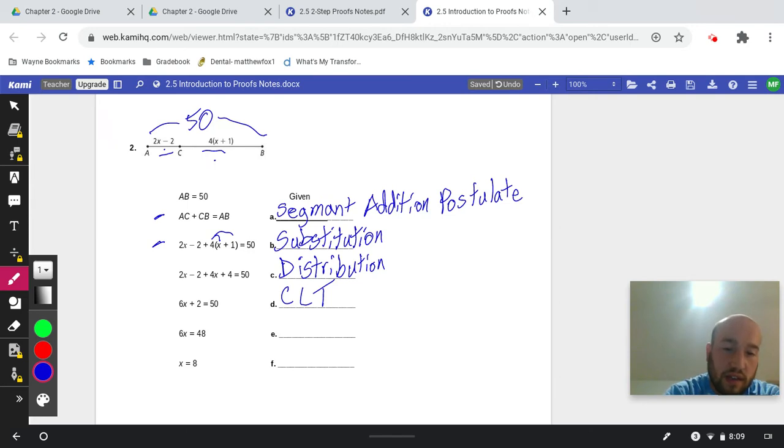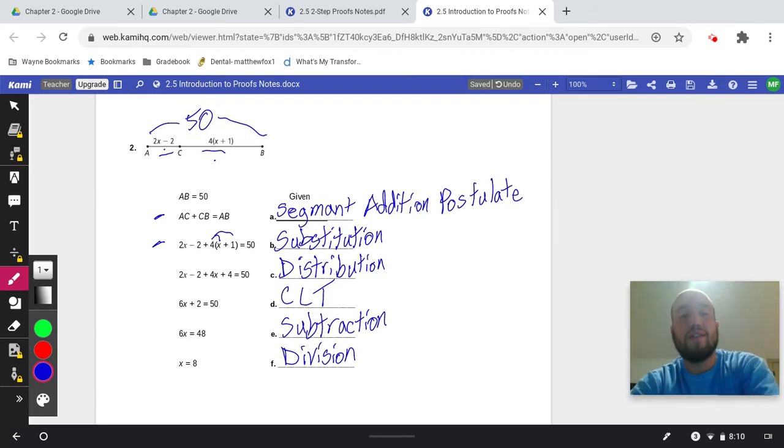Then if we subtract that 2, we're left with 50 or 48 on both sides, so subtraction. And then our final step, we will divide. So this proof really was just an algebra proof in disguise. We had to use one geometry concept to set it up.